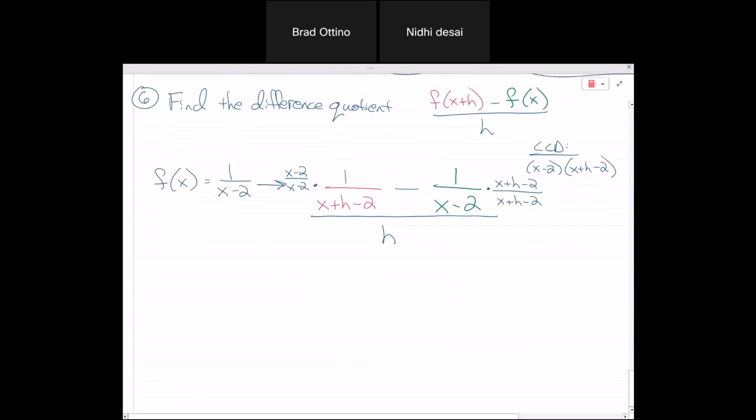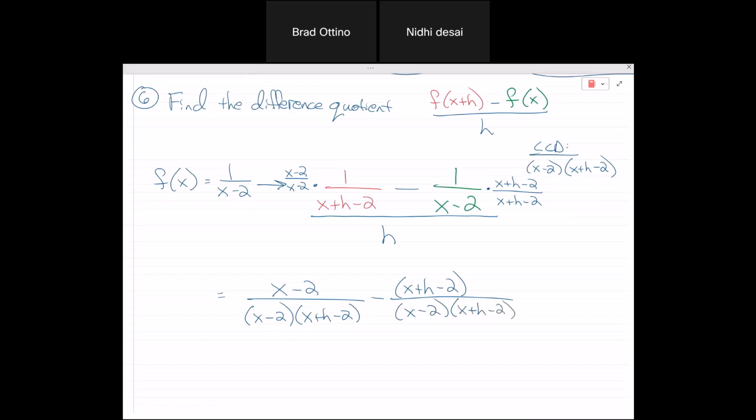So we're just trying to combine fractions here. What this turns into is x minus 2 over x minus 2 times x plus h minus 2, minus x plus h minus 2 over x minus 2 times x plus h minus 2. We're still dividing the whole thing by h.